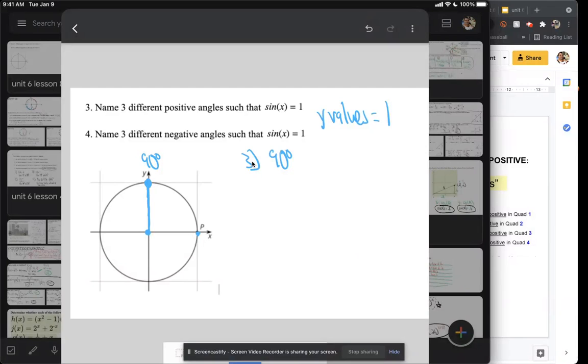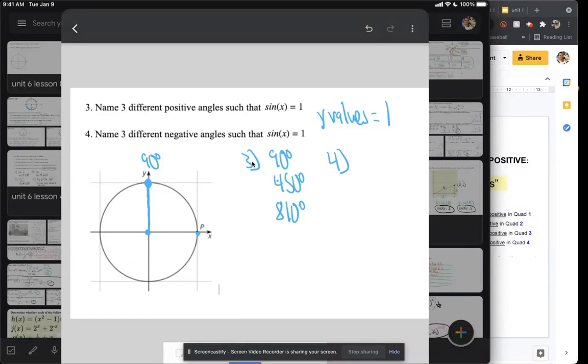Another positive angle of rotation would be to take 90 and add 360 to it. So 450 degrees would mean go around the circle once and then go to 90. I could then add 360 again, so that would be 810 degrees. That would mean go around the circle counterclockwise twice and then go an additional 90 degrees. So that's the answer to number 3.